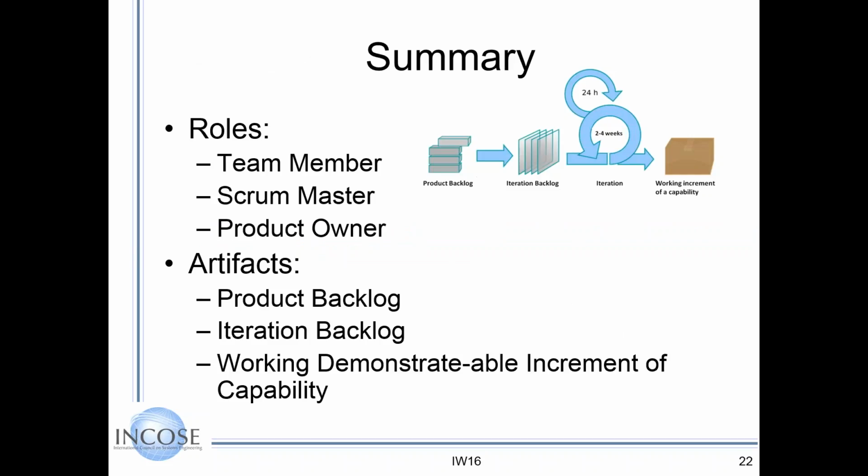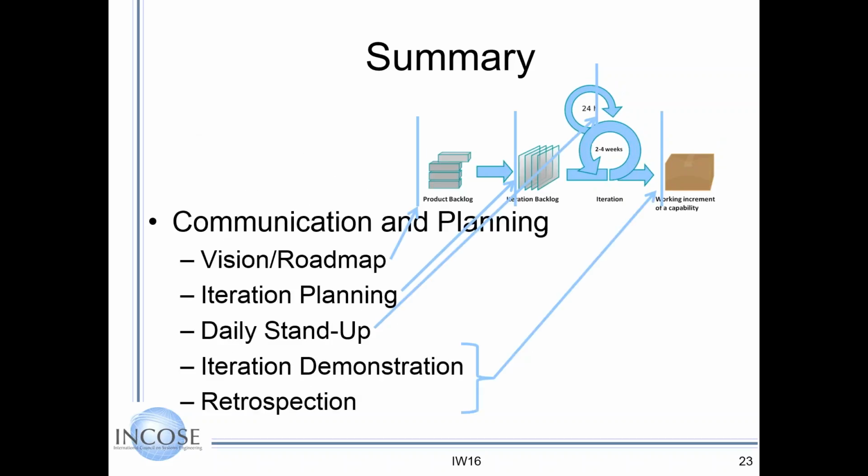So if you are a supplier who's recommending or looking for Scrum Masters and product owners, the artifacts at a minimum should be a product backlog, an iteration backlog, and a working, demonstrable increment of capability produced on a regular basis.